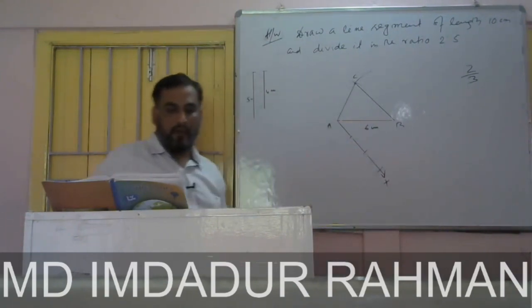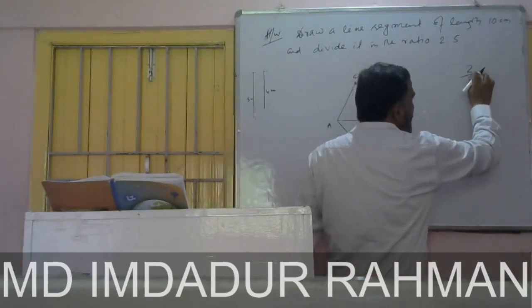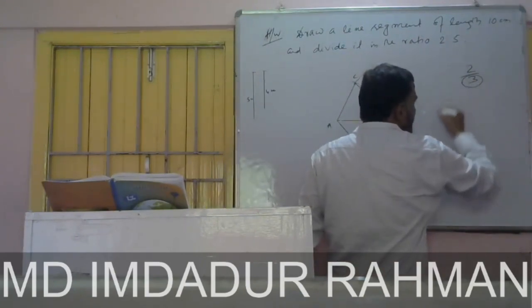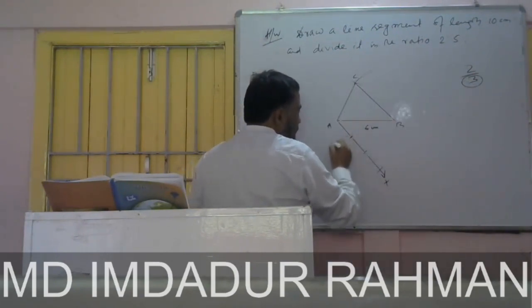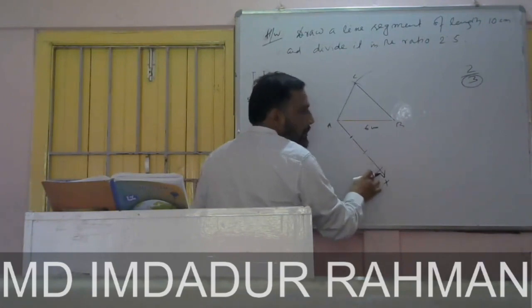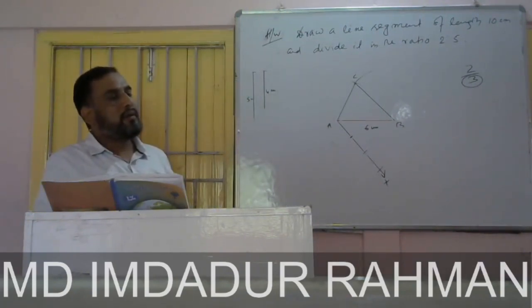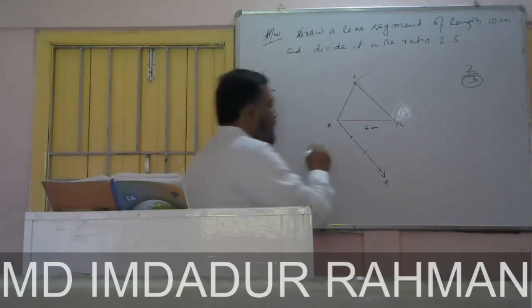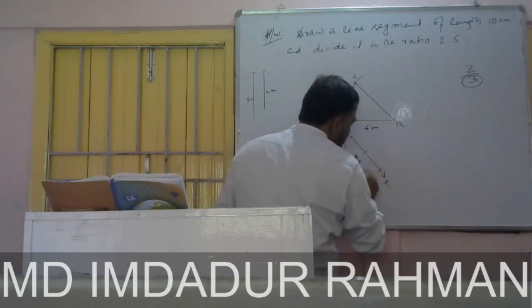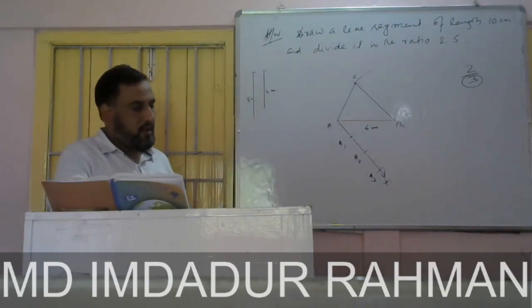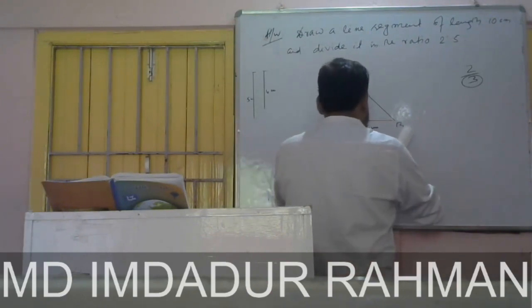You see what I have done? As it is 2/3, according to the denominator 3, we have given 3 parts. Now A1, A2, A3. We will join A3B.